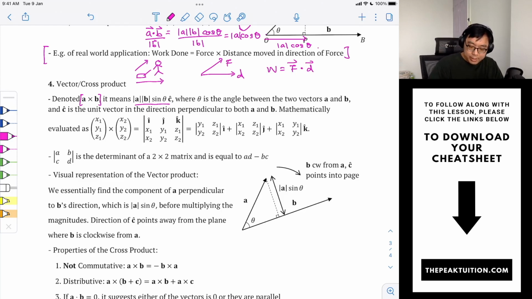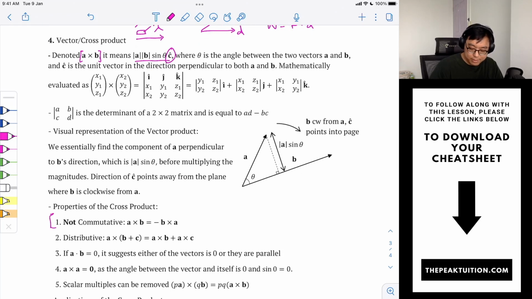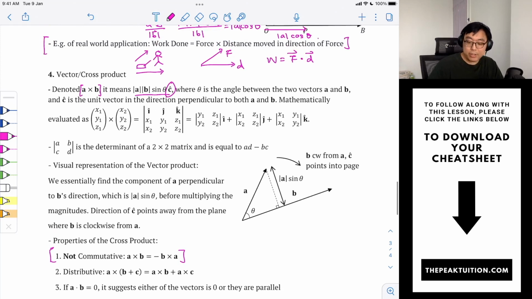Okay, c is a unit vector perpendicular to both a and b. It's quite important because, since there's a c, you cannot just simply write a cross b equals b cross a. In fact, you will end up with the negative of it because there's a direction involved now. Mathematically, it will be evaluated as this.